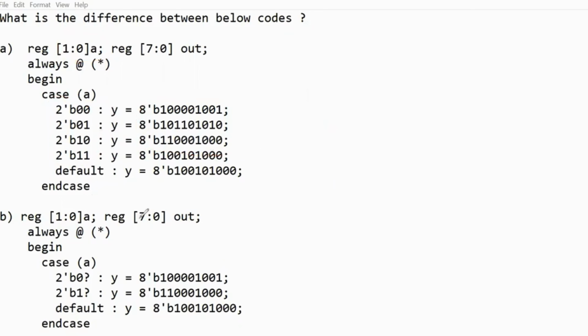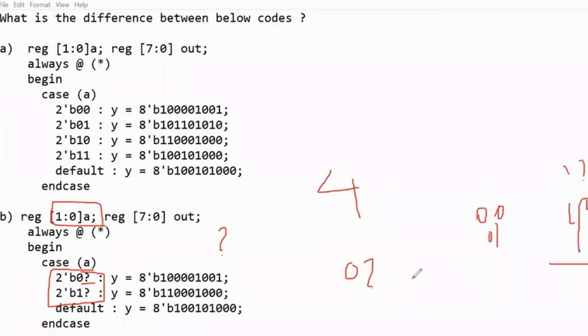Whereas in parallel case, A is again 2-bit, which means 4 combinations, but we didn't mention all 4 combinations here. By using don't care, the question mark, which is high impedance, or casex or casez, you can put, right? So this is parallel case. That means 0 question mark will generate 00 and 01 parallelly, and 1 question mark means 10 and 11 parallelly. Okay, so that is the difference between full case and parallel case.